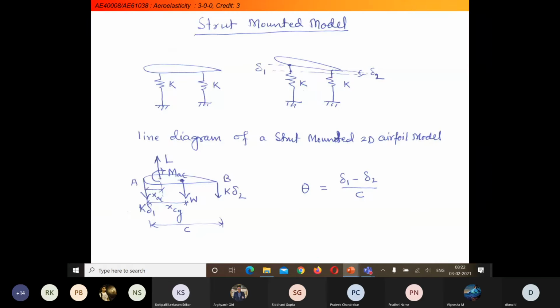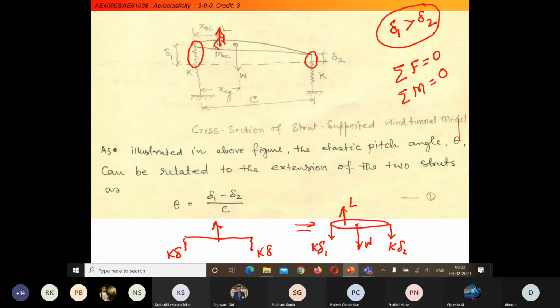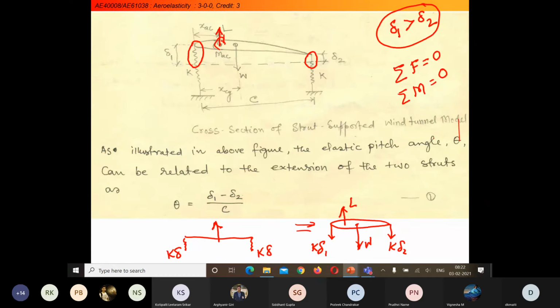I am saying this: lift minus W. Lift is acting upward, so it is minus W, and minus K into delta 1, minus K into delta 2.